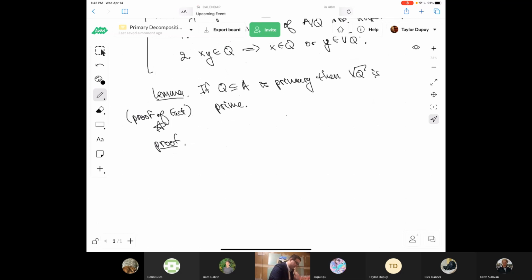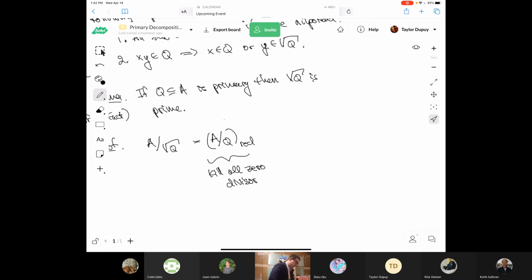Okay, so A mod the radical of Q, right? This is the same thing as A mod Q mod the nilpotent radical, but this is the reduction. So here we kill all nilpotents. This was when we were doing all this stuff about nilpotents.